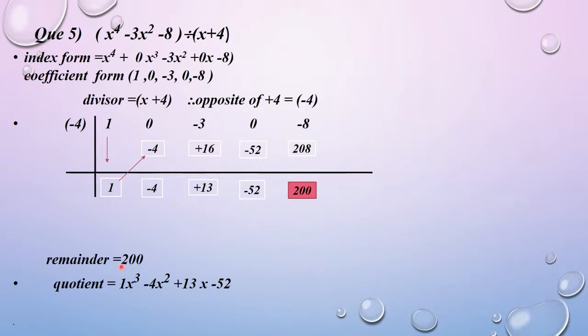The remainder is 200. Coefficients of the quotient are 1, minus 4, plus 13, minus 52. Therefore, the quotient will be 1x cube minus 4x square plus 13x minus 52.